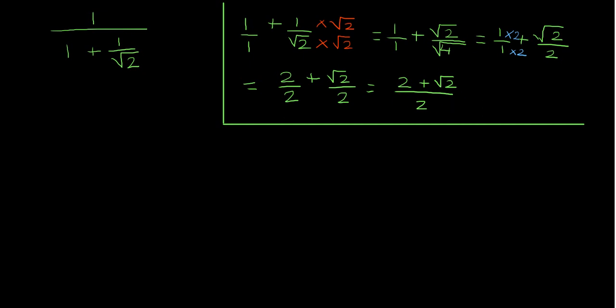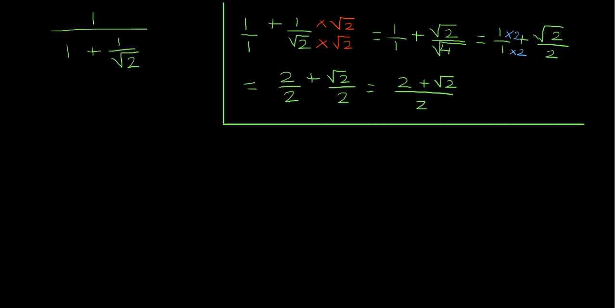In this fraction, which is 1 over 1 plus 1 over root 2, the fraction line stands for division, right? So I worked out this denominator to be 2 plus root 2 over 2.